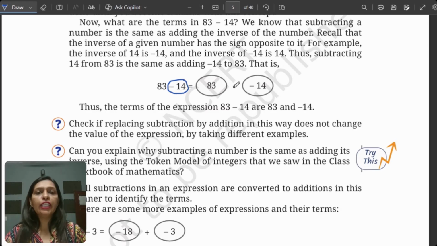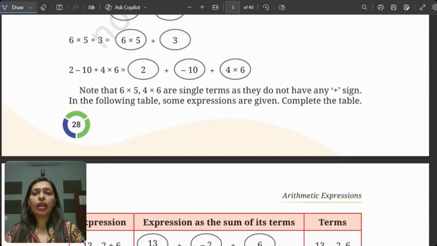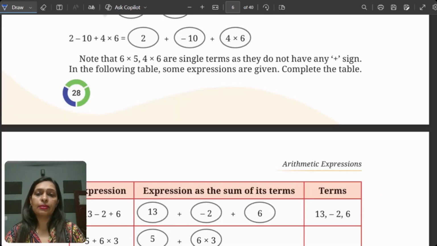We need to rewrite this as 83 plus of minus 14, which makes one term 83 and the second term minus 14. So this is how we get the two terms in this particular expression. Also, do not forget this negative sign. This is very, very important. Okay, so this way we can easily check how many terms an expression has.